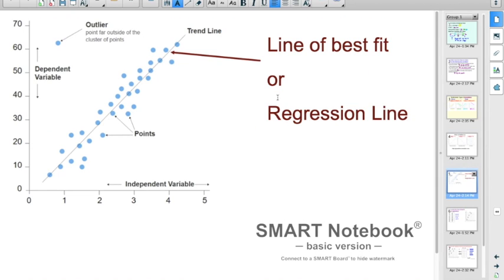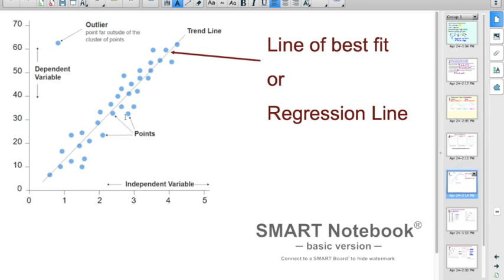So again, looking at this scatter plot here, and this is kind of describing all the specific points in a scatter plot. You got your dependent variable, your independent variable, you got your points, those are the blue points, okay?